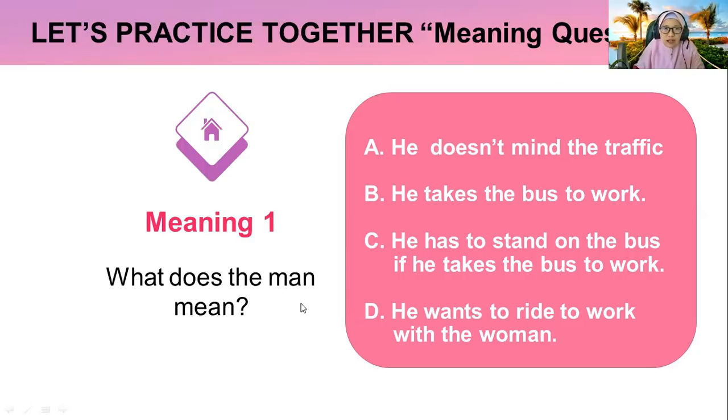So I put the questions here at first as a practice, but on the test we haven't got this. Kalau di tesnya nggak ada, because I just give you an example here, because this is a kind of practice and you are still learning. So we can put the questions first: the meaning question, and then implication, and then the last, reference question.